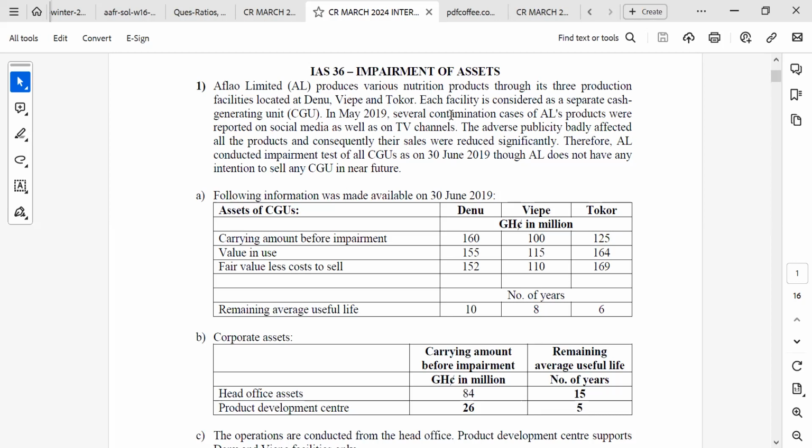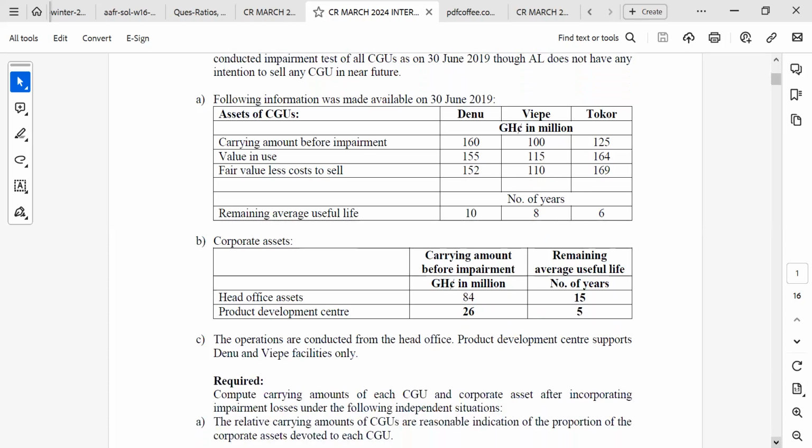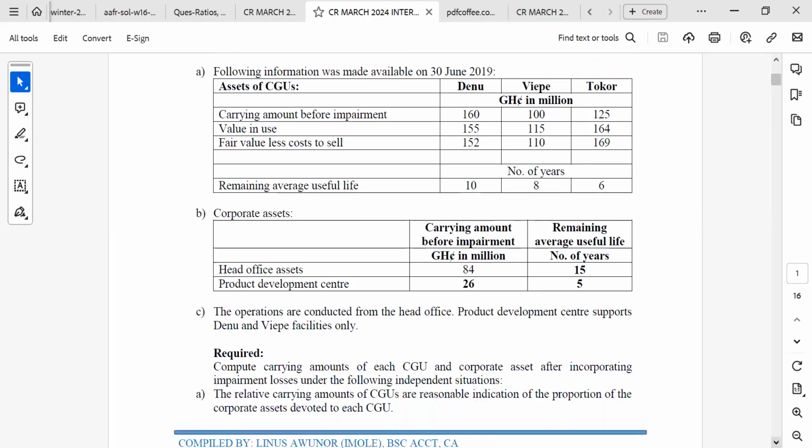Okay. Let's move on. The following information was made available on 30th June 2019. Assets of CGUs: Denu, VIP, and Toko. You leave that one. Let's come to the C. Operations are conducted from the head office. Product Development Center supports the new VIP facility only.